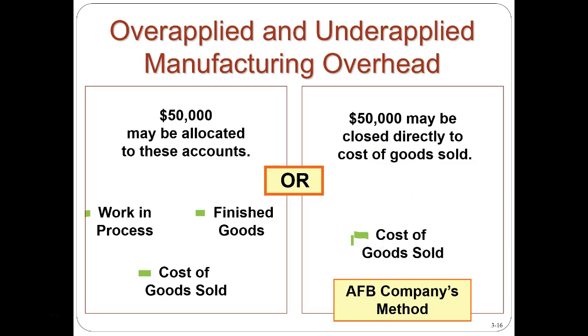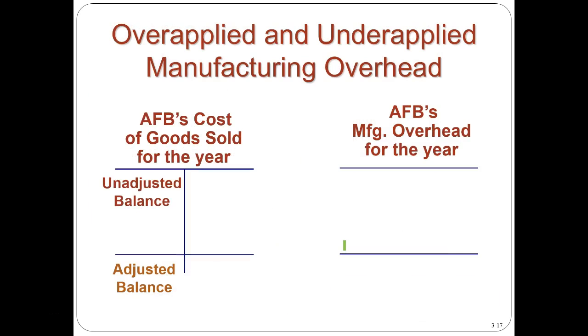And the easiest thing to do if it's an immaterial amount is to close it out to cost of goods sold, because cost of goods sold will then close out to retained earnings, and we won't have to worry about it anymore. So if it's an immaterial amount, the easiest thing to do would generally be to just zero out the overhead account for any estimating difference at the end of the time period, and apply the difference to the cost of goods sold account.